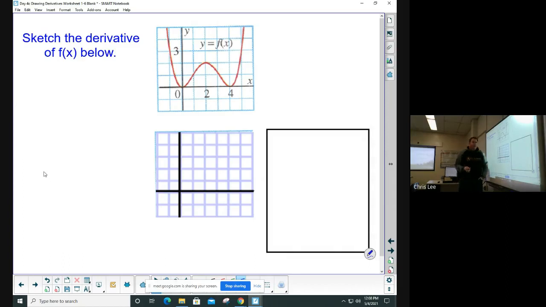Now, you'll notice that my derivative graph doesn't have any numbers, and I've done that on purpose. The x values in the derivative graph match the x values of my original. So obviously that's 0, this is 2, and this is 4, okay? The x values match. The y values match as well, but I've decided not to label them.